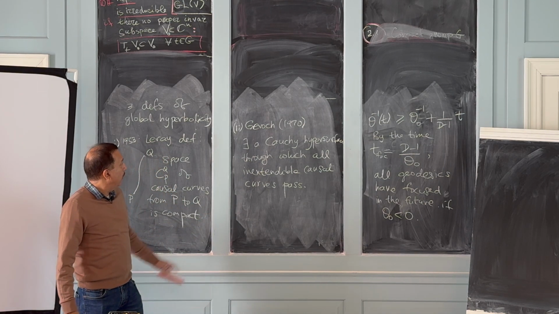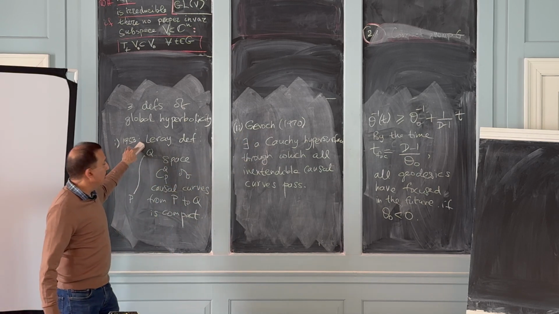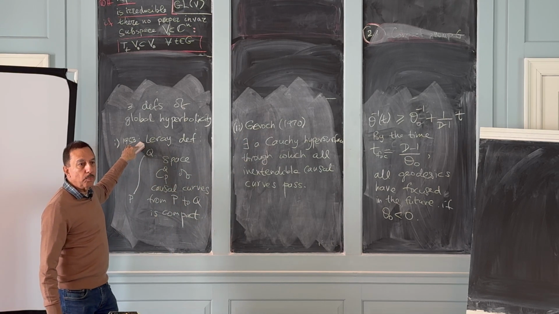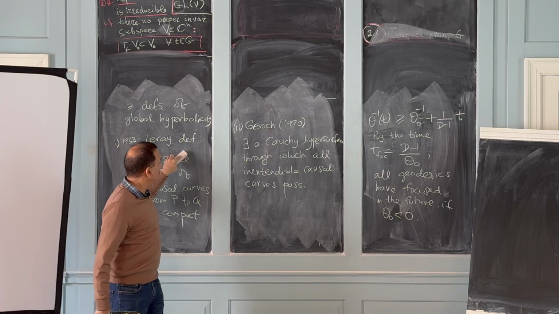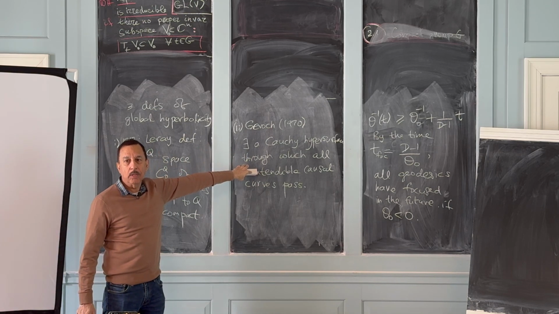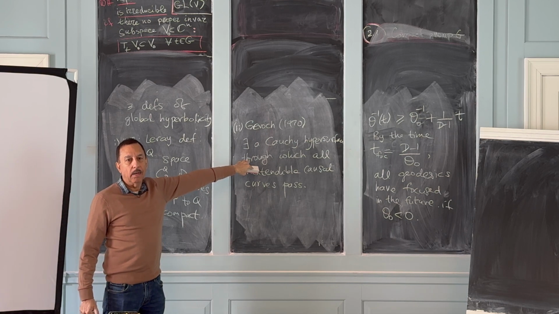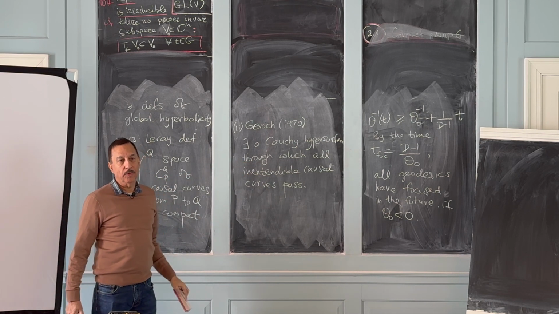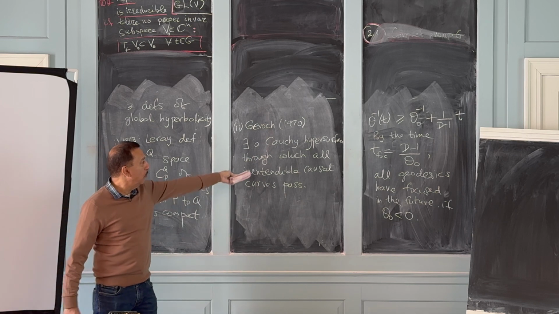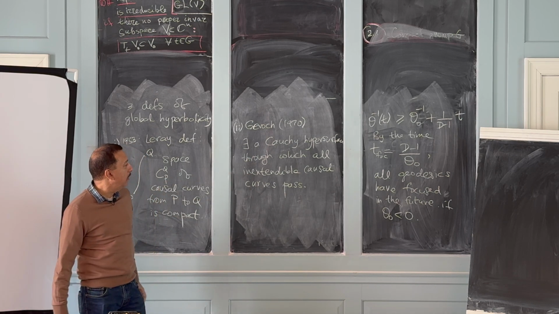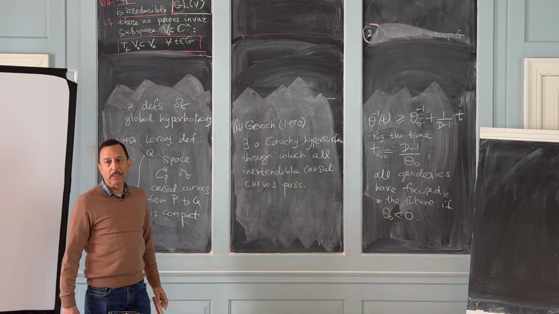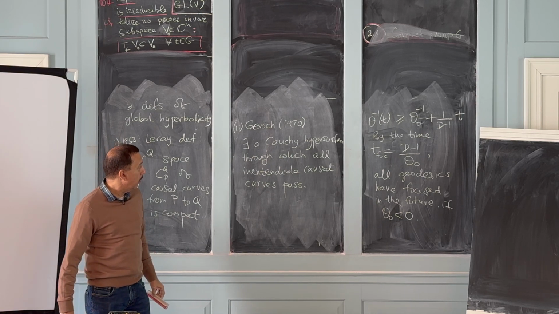But actually what Gerosh did in this paper was to say, look, this is Leray's definition. I'm going to prove that this is true if and only if this is true. But this is a much simpler statement conceptually, and therefore I'm just going to use this henceforth as the definition. So it's the most popular definition because it requires very little to explain.